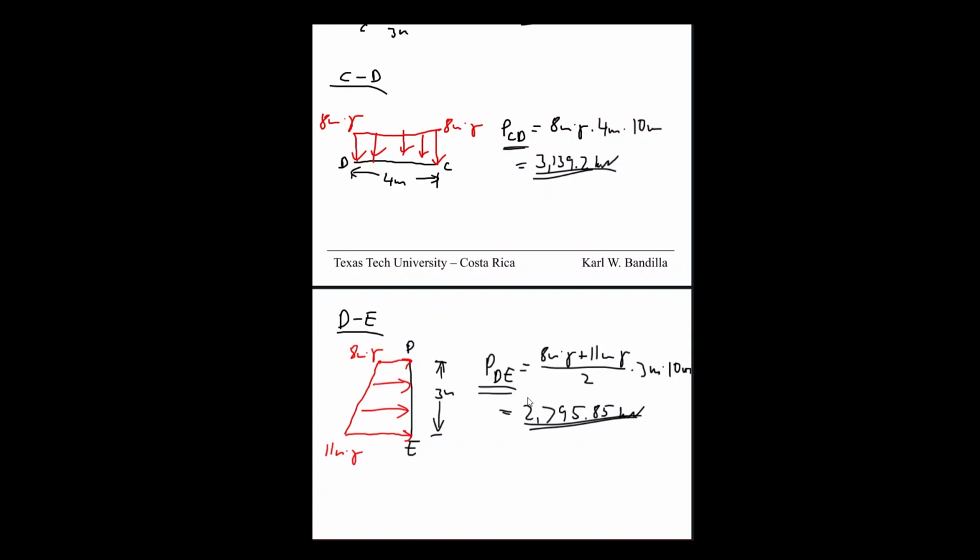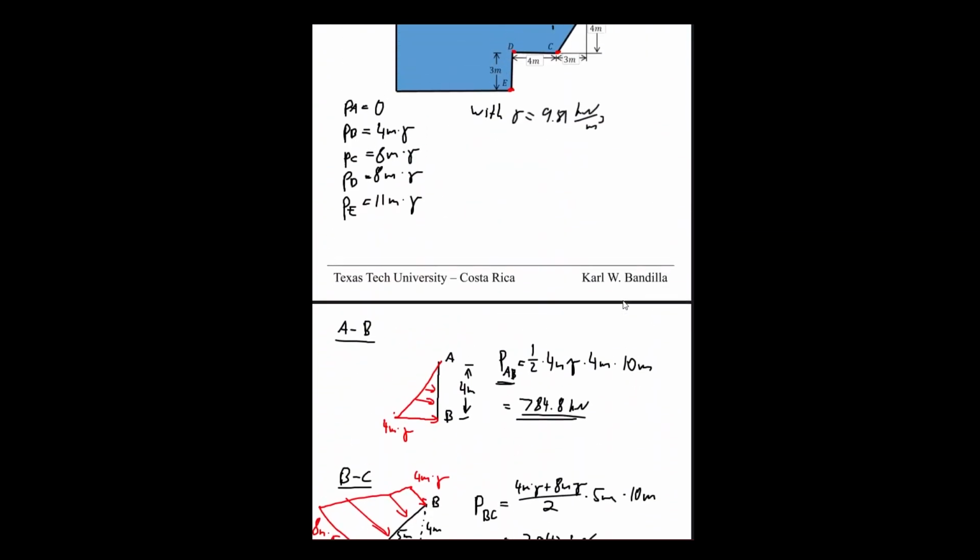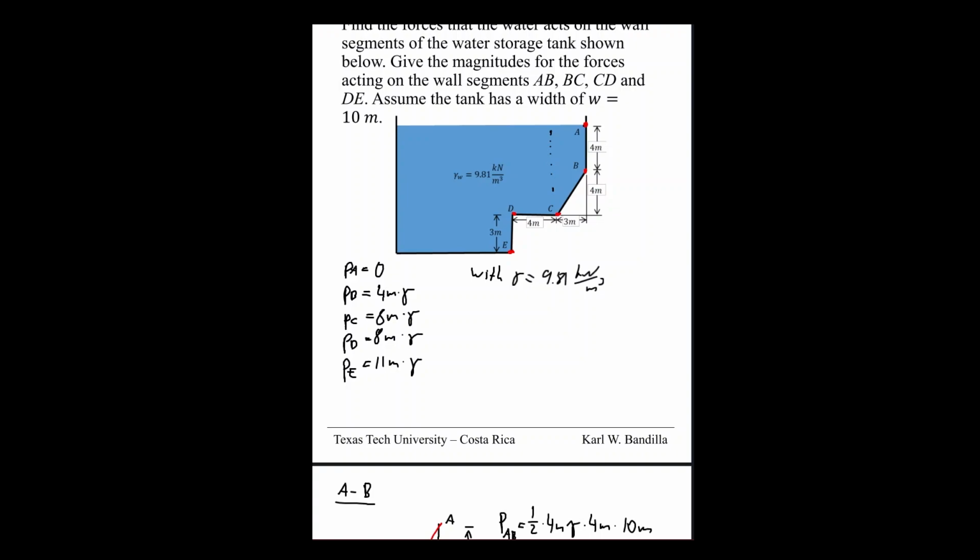And with that, you have all four forces. So we can say we have a force acting somewhere here, somewhere there, and somewhere there. Those were the four forces that we just calculated.